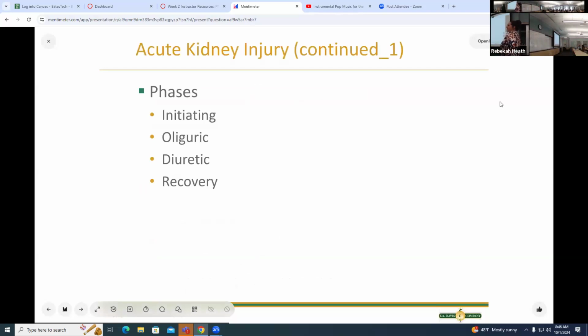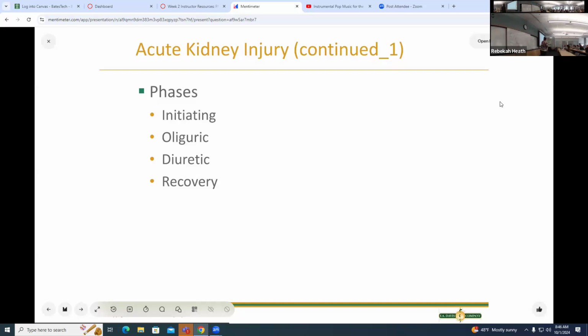There are these phases, and somebody mentioned that earlier. There's the initiating phase, which means whatever happened, whatever caused the kidney injury. If it's pre-renal, maybe they got hypovolemic, really dehydrated. They didn't have enough blood flow, their pressure was low. Then they go oliguric and they're not making much urine.